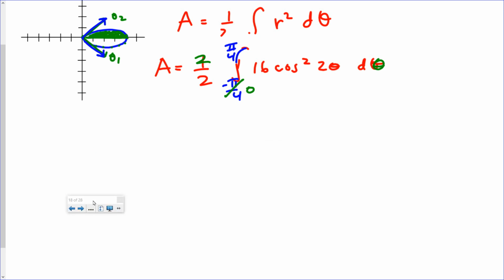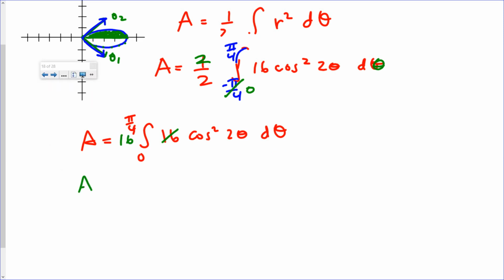Okay, so my new problem is the area is equal to the integral from 0 to pi over 4, because that 2 canceled out, of 16 times cosine squared 2 theta d theta. Okay? I would pull the 16 out, and then rewrite this problem so that I could actually solve it as the integral of 1, would it be plus or minus?